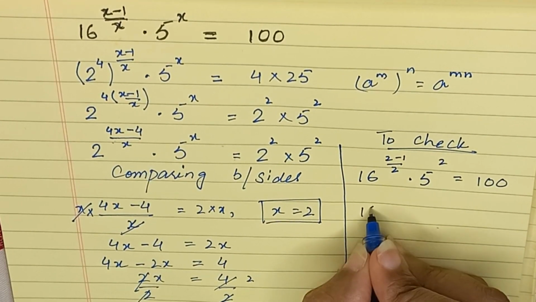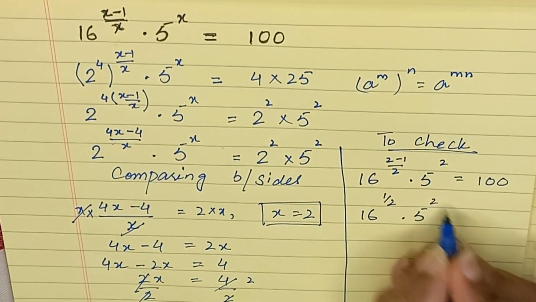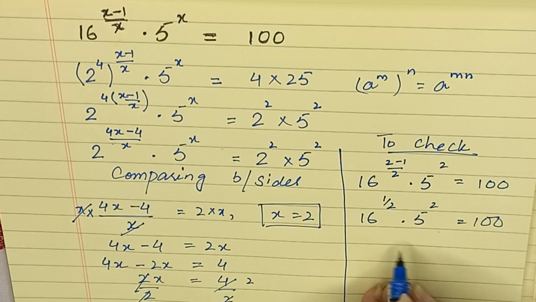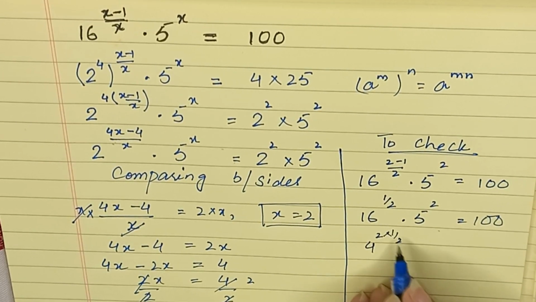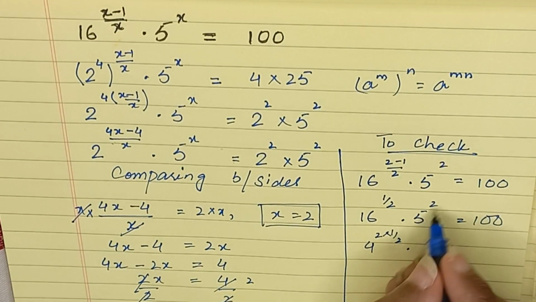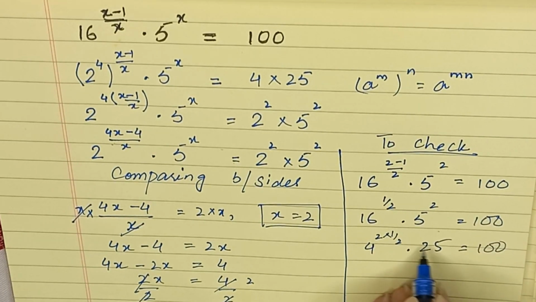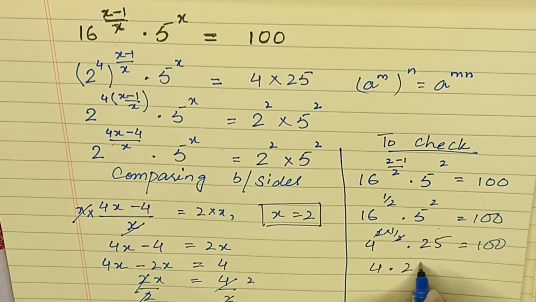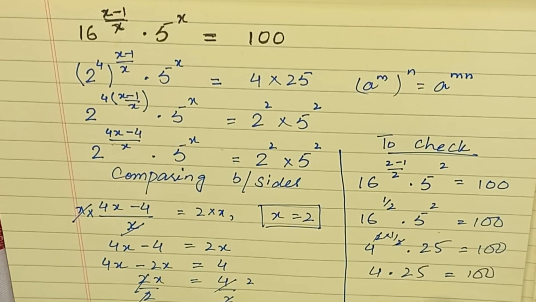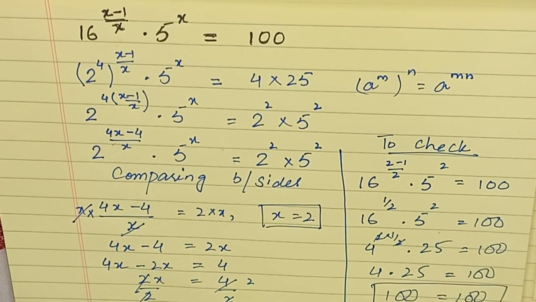So it will become 16 raised to the power 1/2, into 5 square, which is equal to 100. We can write 16 as 4 square and the power 1 by 2, and 5 square means 25, which is equal to 100. The 2 and 2 will be cancelled out, so it will become 4 into 25, which is equal to 100. So from here, 100 is equal to 100.